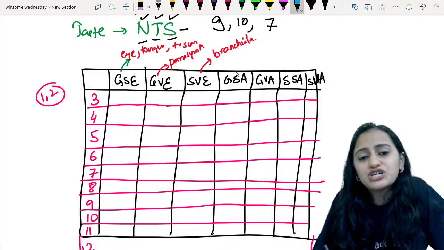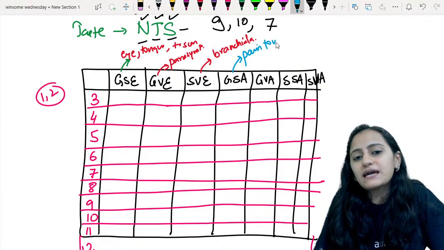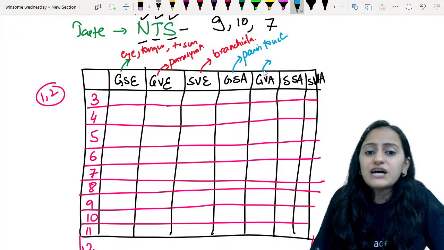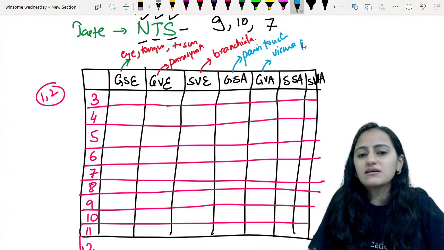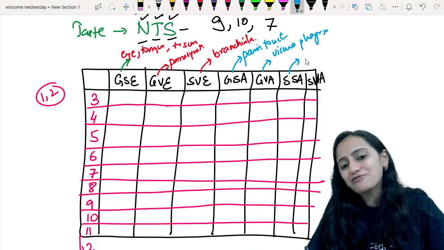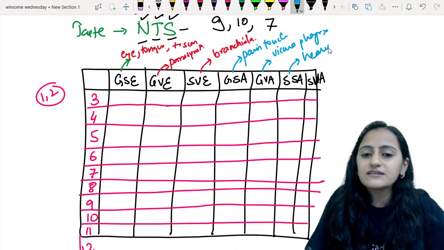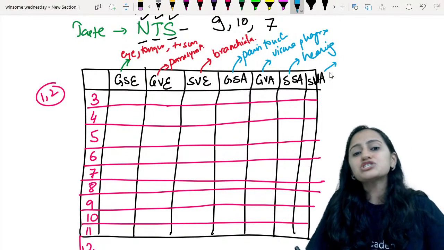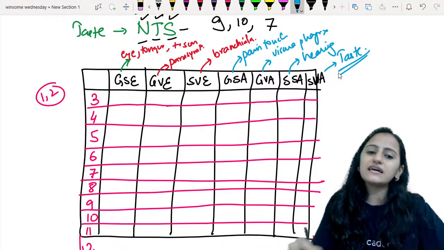What comes in your general somatic afferent? General sensations, pain, touch, temperature. General visceral afferent, the general sensations from the viscera like your pharynx and all. Special somatic afferent, the outside sensation, hearing, the special sensation. Special visceral afferent is your taste sensation.